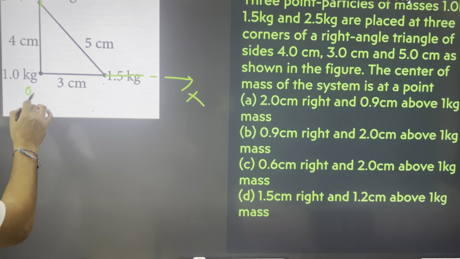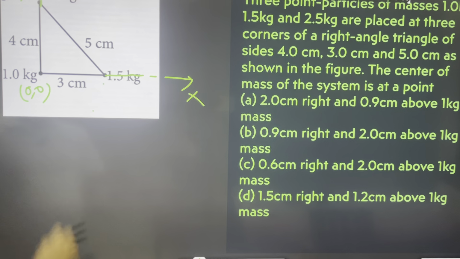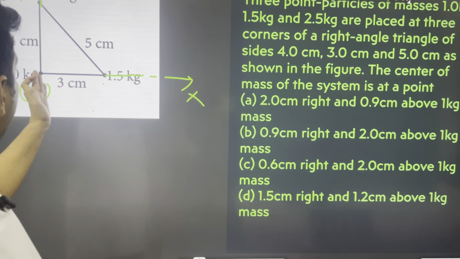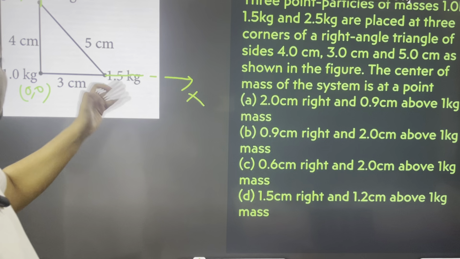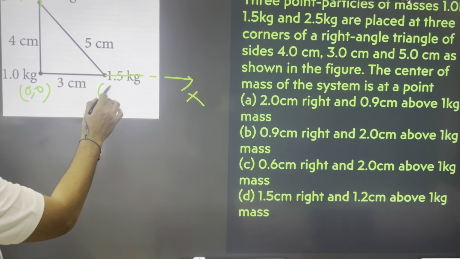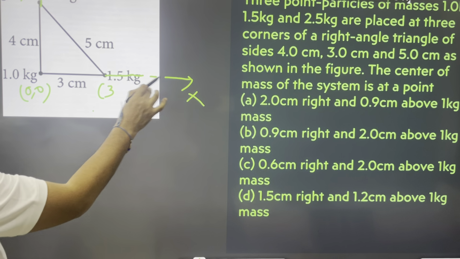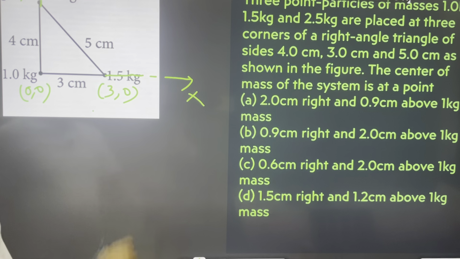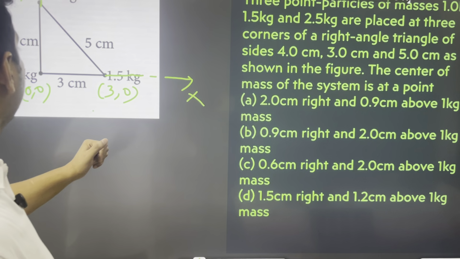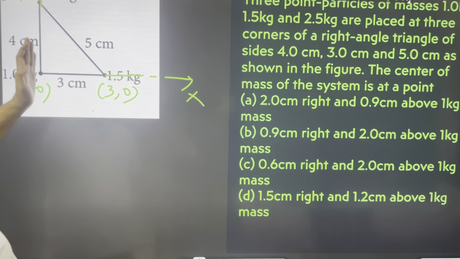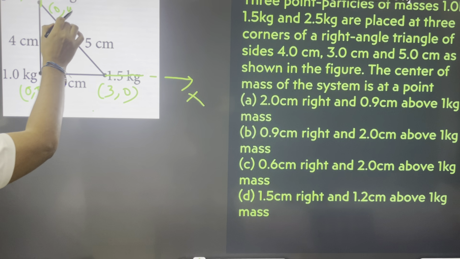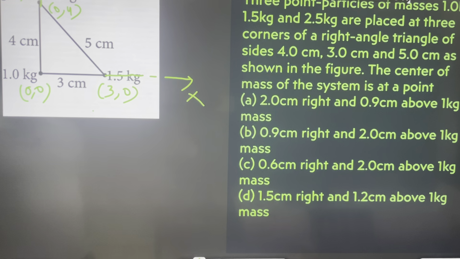If I take the origin, the 1 kg is at the origin. Now the 1.5 kg is at a 3 centimeter distance in the x direction, along the x axis, so y is 0 and we can take 3 comma 0. Same way, 2.5 kg is on the y axis at 4 centimeter, so x is 0 but y is 4 centimeter. Correct? 0 comma 4.